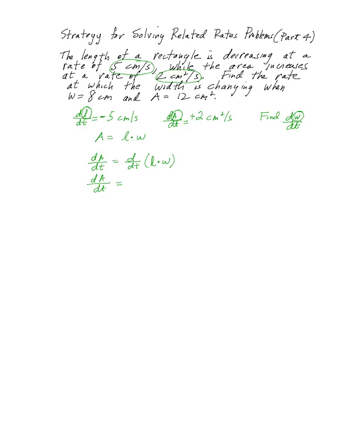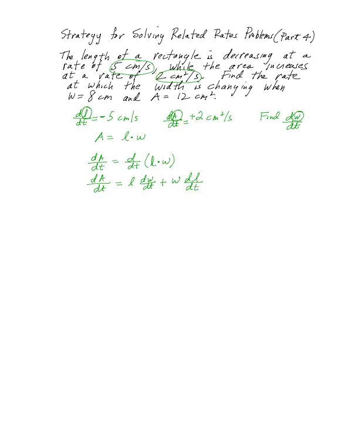Neither is constant, so I'm going to need to use the product rule. I can't just assume L and W are constant. So product rule: first times the derivative of the second plus the second times the derivative of the first.